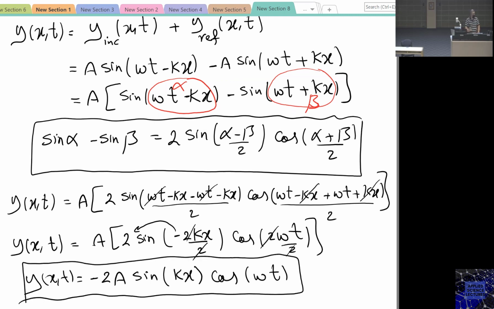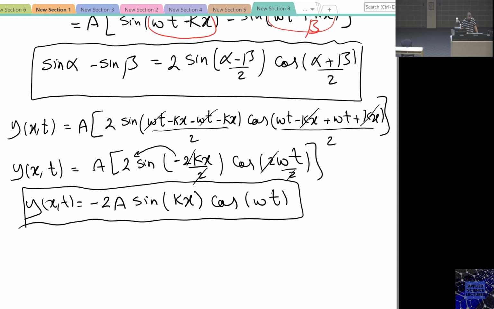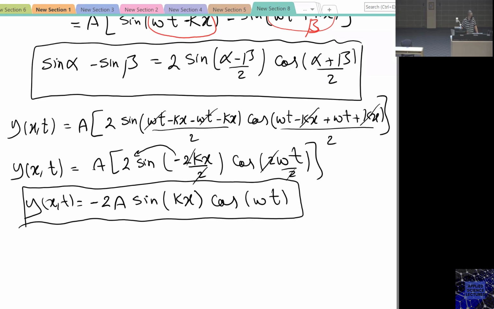So this is the standing wave function. And what does this function mean, or how can we interpret this function? This function has doubled the magnitude. The amplitude is doubled. It's a sine function in the space domain that is multiplied by a time-varying cosine function.